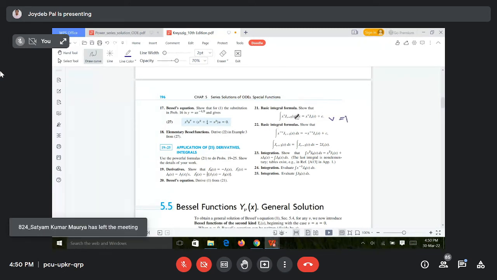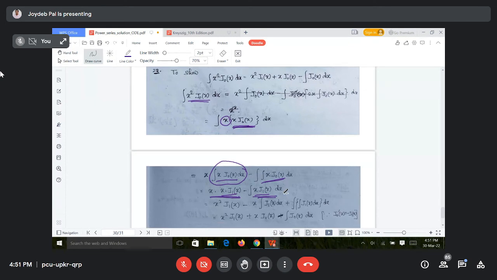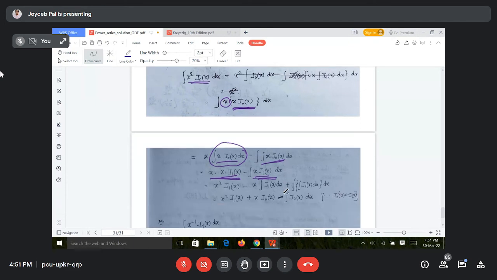The integration of x into J naught is equal to x into J1, right? So I am putting x into J1. Similarly, for that integration, I am putting x into J1. Now that part is simplified. There is no integration there, but in the second term there is an integration, so I have to try to eliminate it. Always you cannot eliminate it, but your try should be to eliminate the integration.